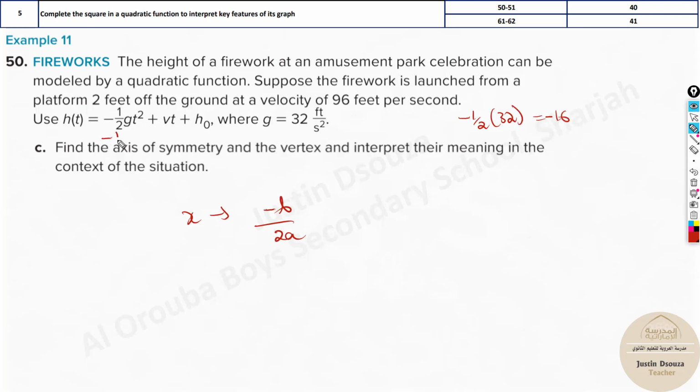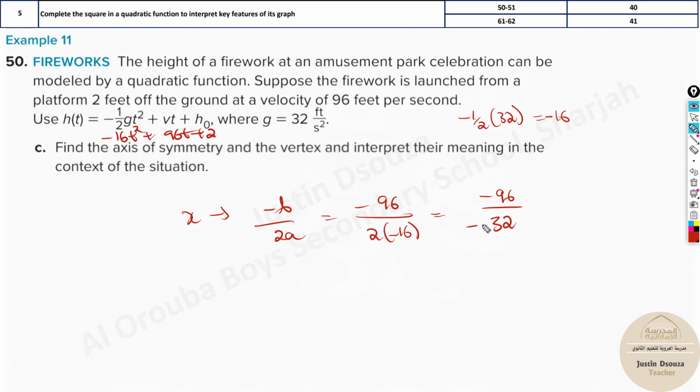So the function was minus 16t squared plus 96t plus 2. What is b? 96. So minus 96 divided by 2 times a, which is minus 16. The answer here would be minus 96 divided by 32.